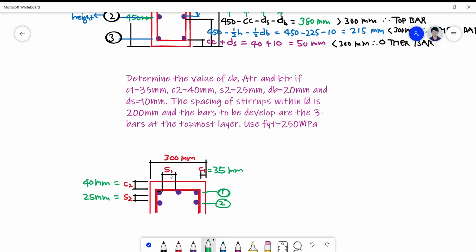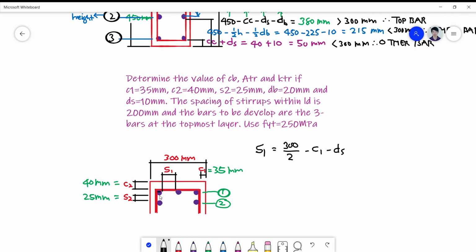So S1 is simply 300 over 2, the width of the beam divided by 2, minus, okay, you subtract the clear cover C1, which is 35. Okay, and then the diameter of the stirrup, which is 10.